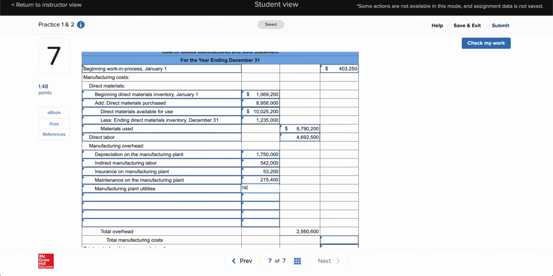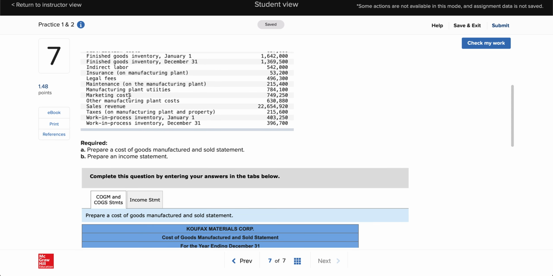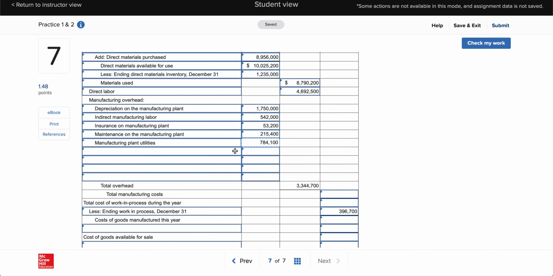And that was $784,100. What's next? Marketing cost, no. Other manufacturing plant cost, $638,80.